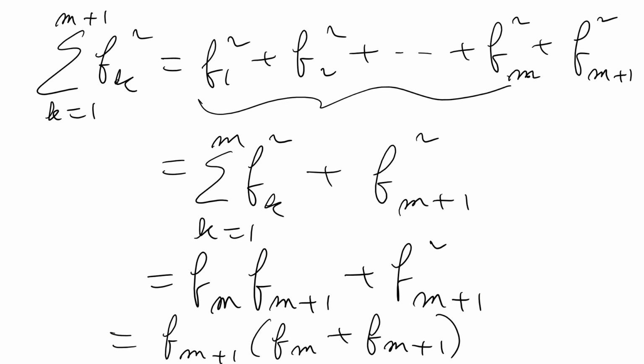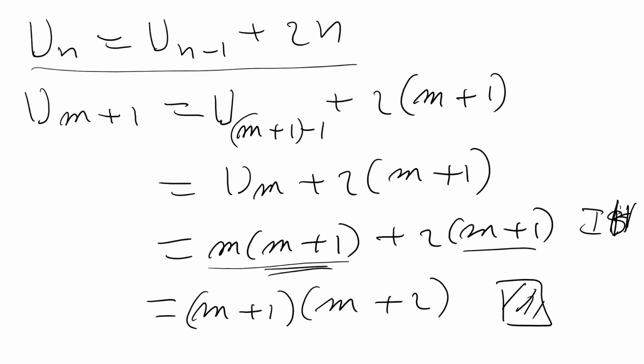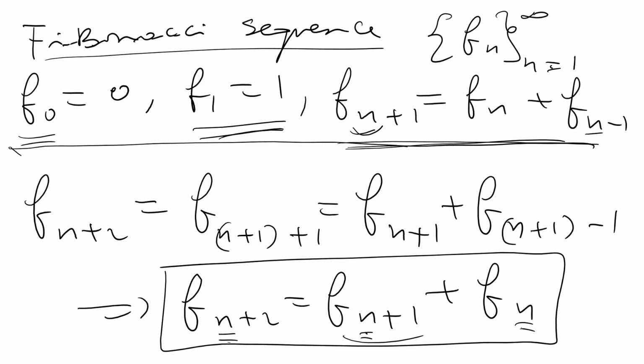But look at this expression again. What we found is that f m plus 2 equals f m plus 1 plus f m. So you can see that this expression is the same as what we have here.